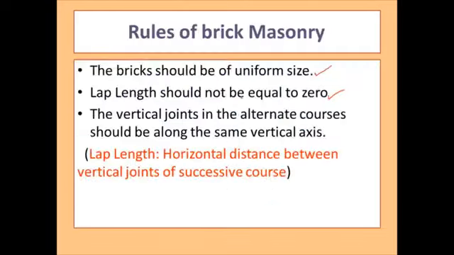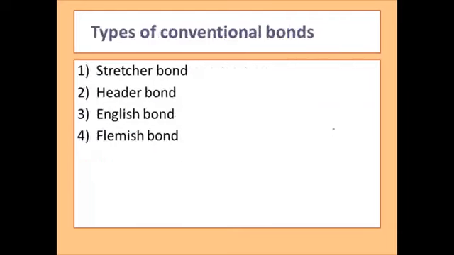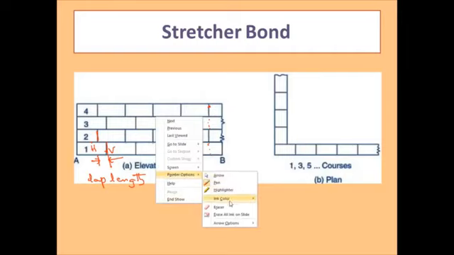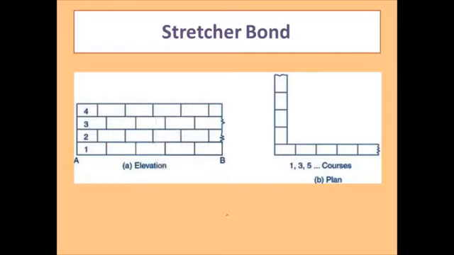The third rule is vertical joints in alternate courses should be along the same vertical axis. Again you can see here, if you see the first course and third course, then vertical joints of alternate courses, that means 1-3 course or 2-4 course, are in the same line or the same axis.